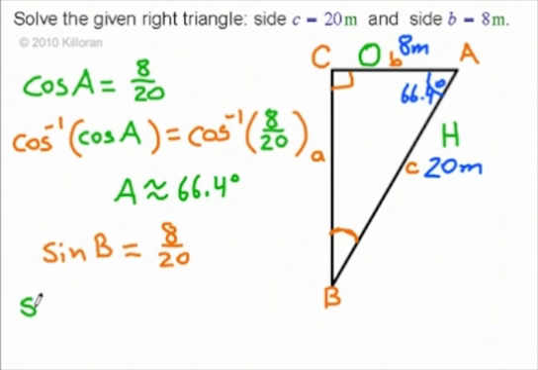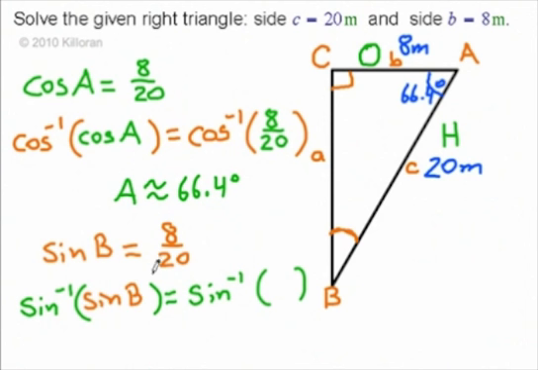So I'm going to sine inverse both sides. Don't read this as sine raised to the -1 power. So I'll sine inverse the left-hand side, I will sine inverse the right-hand side, and then just plug in what's on each of the sides. This side gets sine of B, this one gets the 8/20ths.